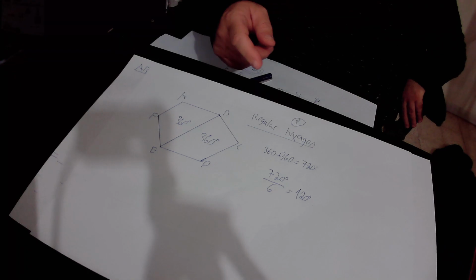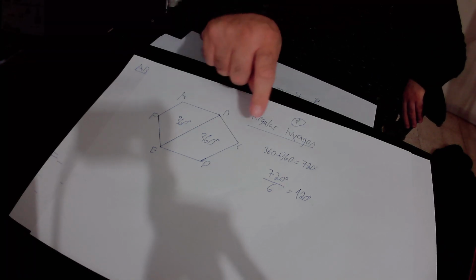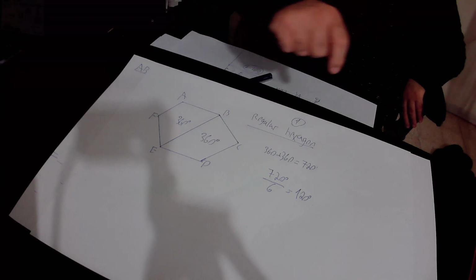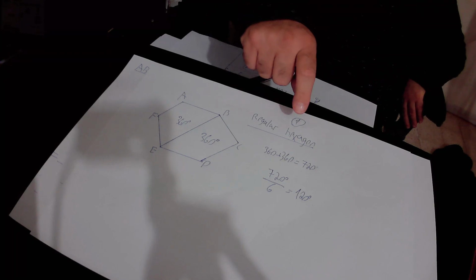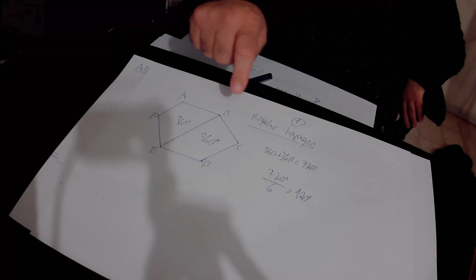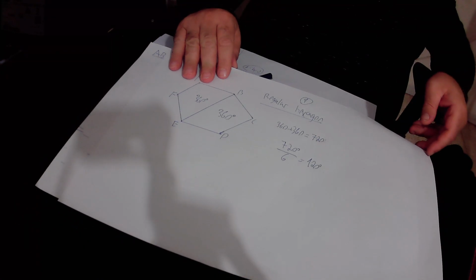So 720 degrees, the sum of the total angles, over 6 will give us the size of one interior angle. 720 degrees over 6 is 120 degrees. So we found out that each interior angle in any regular hexagon is equal to 120 degrees.